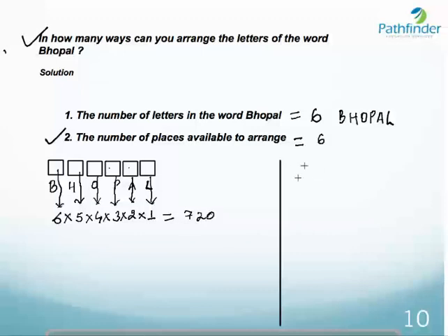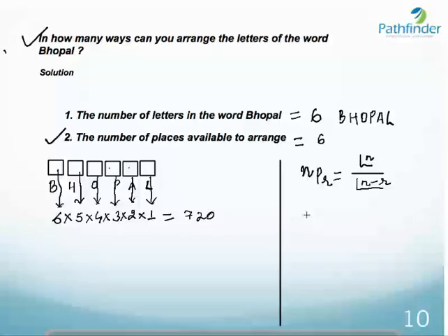Now, by the formula, we all know that the number of ways of arranging r things on n places is given by nPr, which is nothing but factorial n divided by factorial n minus r.